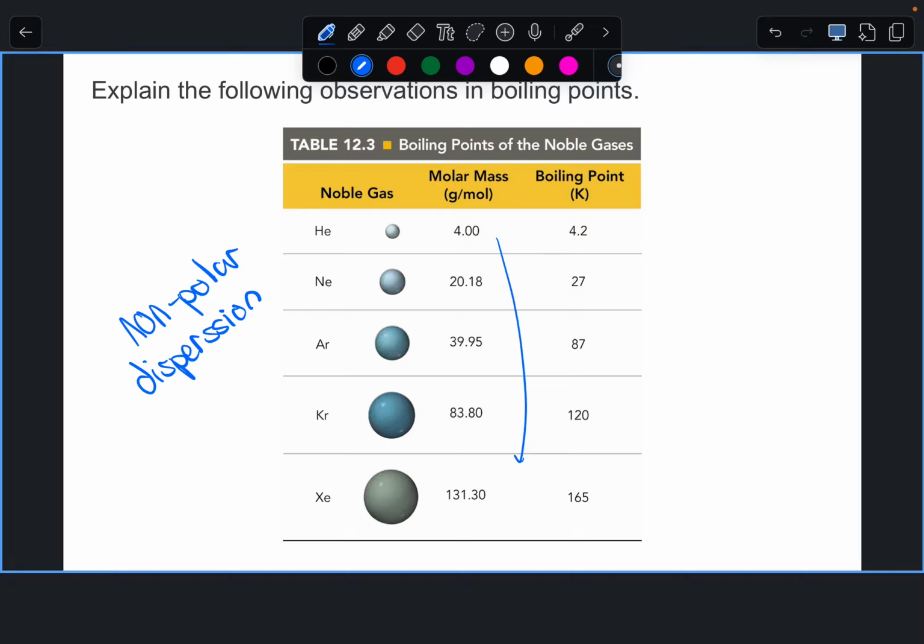But really we're talking about the number of electrons, because the more electrons that it has, the more those can shift around and create bigger partial charges in the atom or the molecule. That ends up causing stronger dispersion forces. So all of them have dispersion forces, but xenon has stronger dispersion forces because it's larger and therefore a higher boiling point.